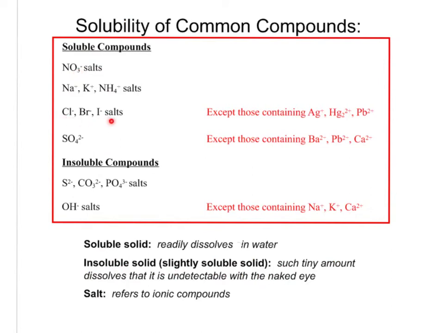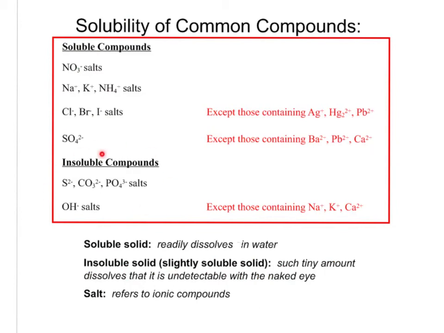The halogens, when they form ionic compounds, are generally soluble in water except if they contain one of these cations. Then they are not. Sulfate ions, compounds that have sulfate ions in them, are generally soluble in water except, once again, here are our exceptions: barium sulfate, lead sulfate, and calcium sulfate with these cations are not soluble in water.